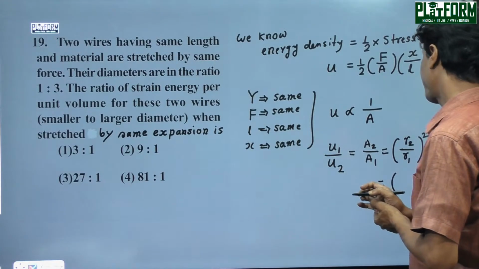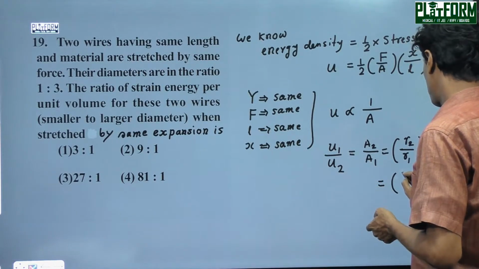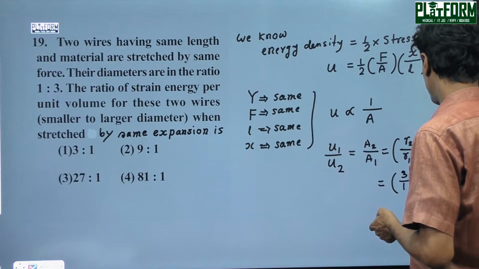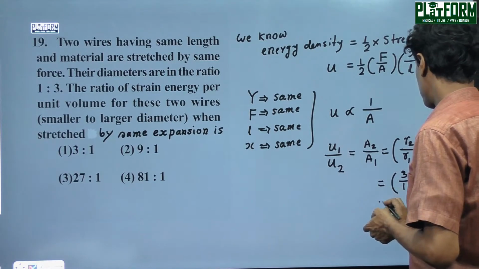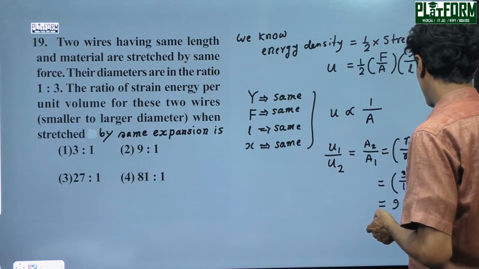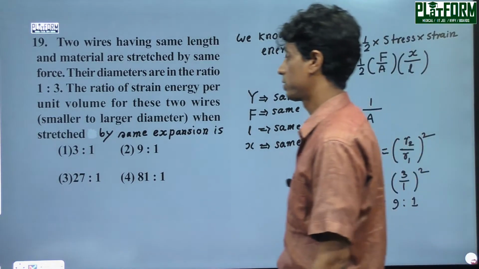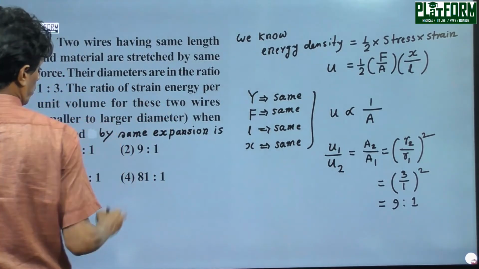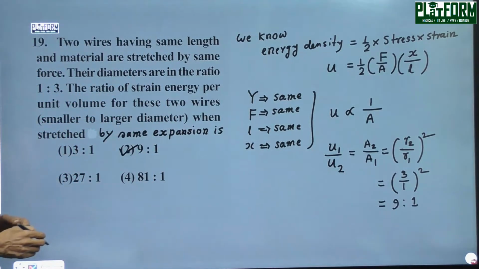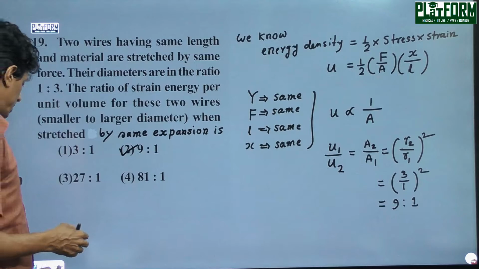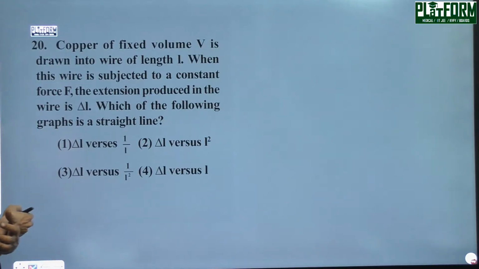That is, we can say it is 3 by 1. And finally the answer becomes 9:1. Correct option matches with 2. Let us move to the next problem.